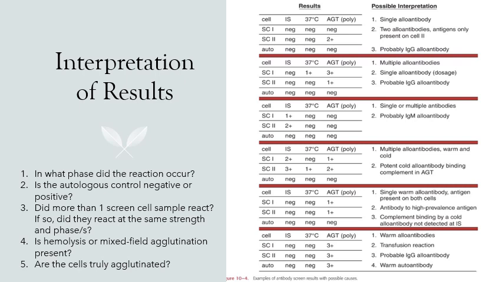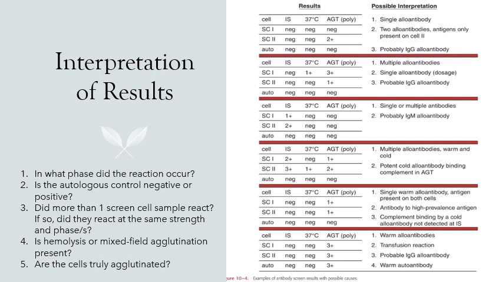In order to differentiate rouleau formation from a true agglutination, we should know the characteristics of rouleau formation. Number 1, in rouleau formation, cells appear like a stack of coins. Number 2, it is observed in all tests containing the patient's serum.